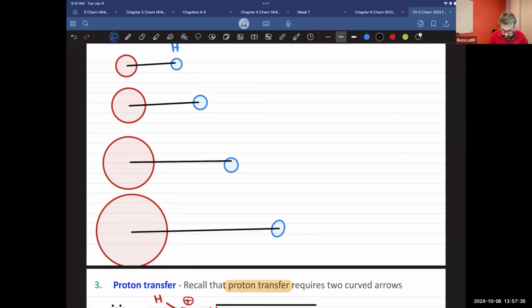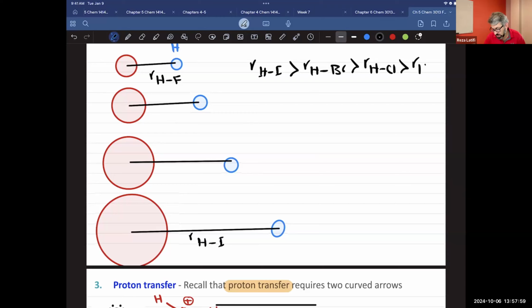So if this is the bond length for HF, and that's the bond length for HI, the bond length for HI is bigger than HBr. This one is bigger than HCl. That one is going to be bigger than HF.